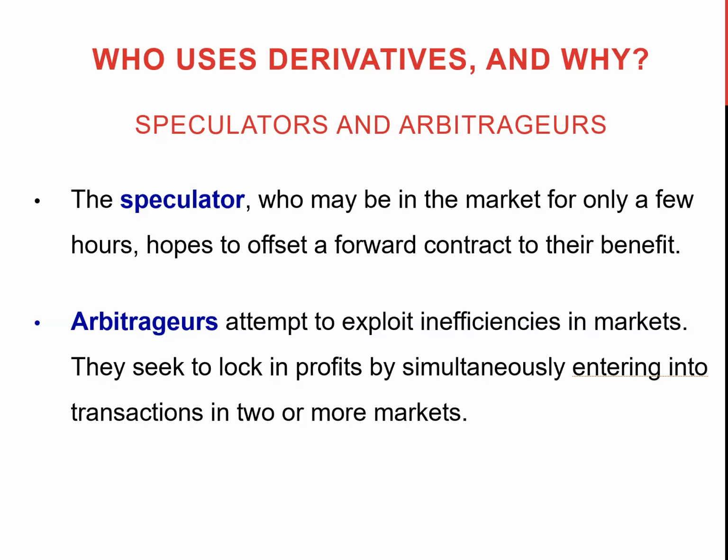Another group that uses different derivatives is known as speculators and arbitrageurs. This group of people basically wants to make money by using these financial instruments and derivatives. Speculators are the group of people who speculate on the price of stocks, and based on their speculation they want to make money.